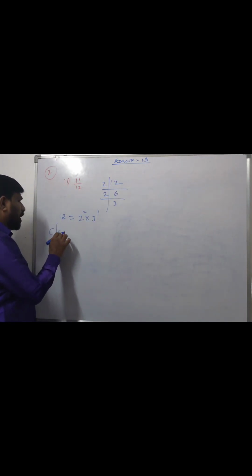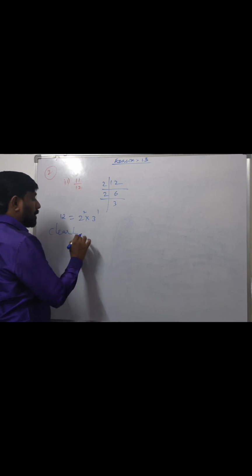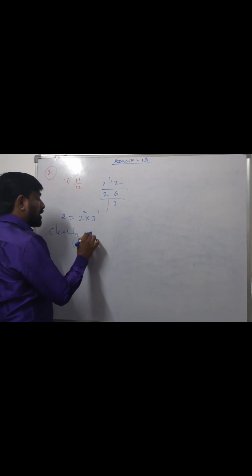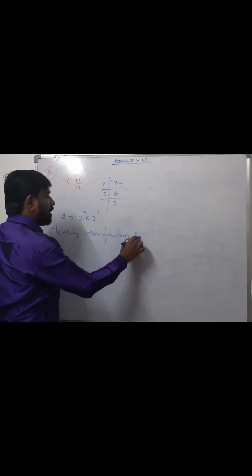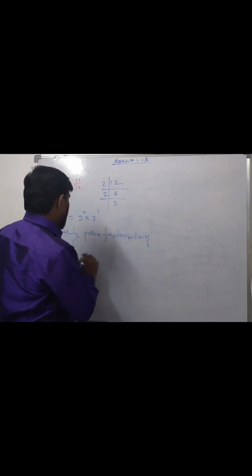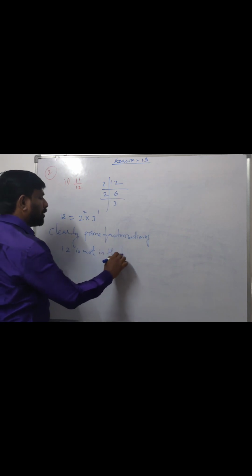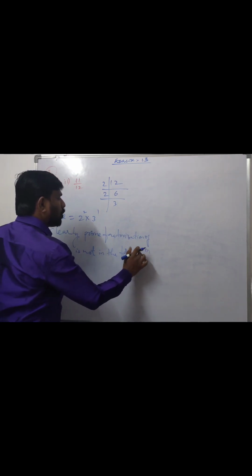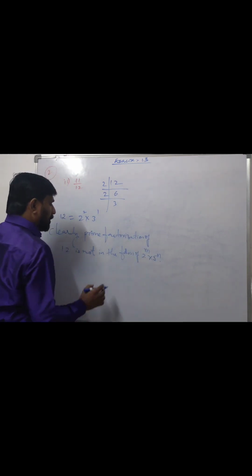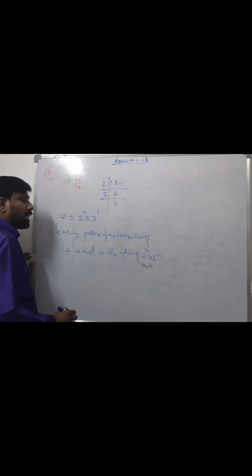Clearly, the prime factorization of 12 is not in the form of 2 to the power m into 5 to the power n, where m, n are non-negative integers.